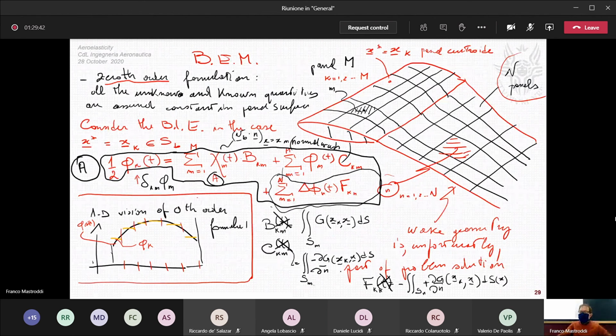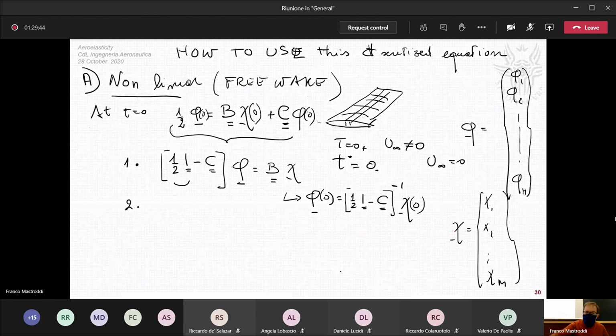Note that if I have correctly considered my geometry, look at this distinctive situation.